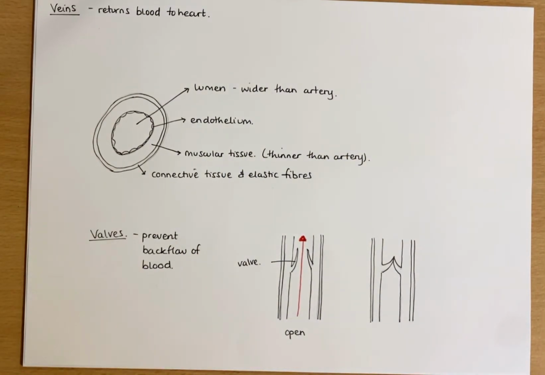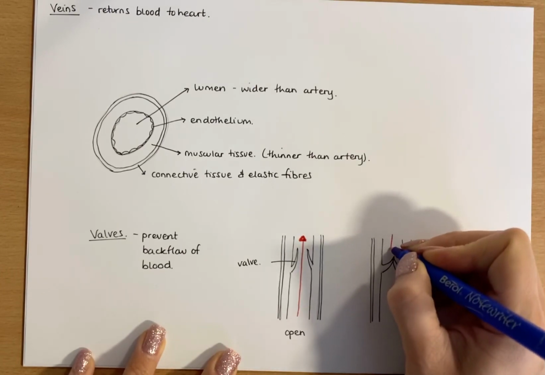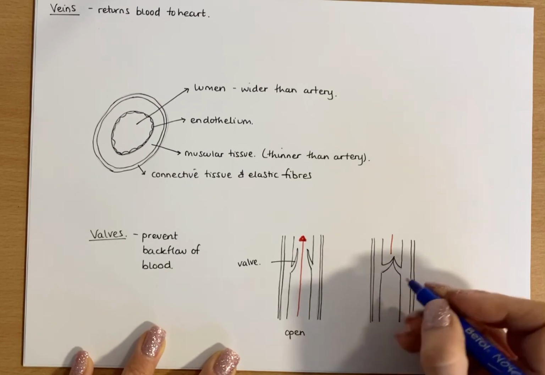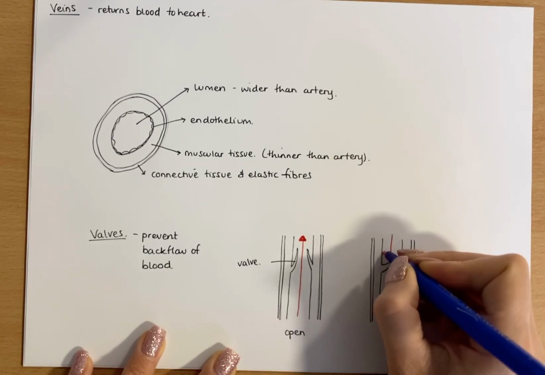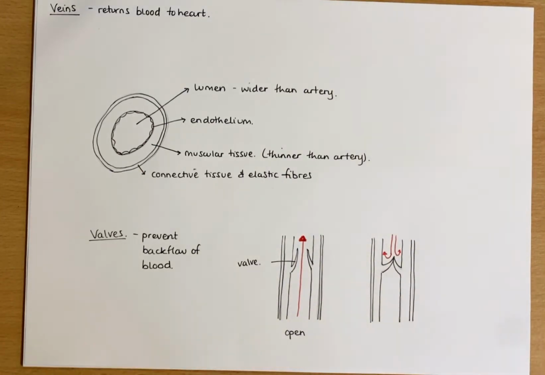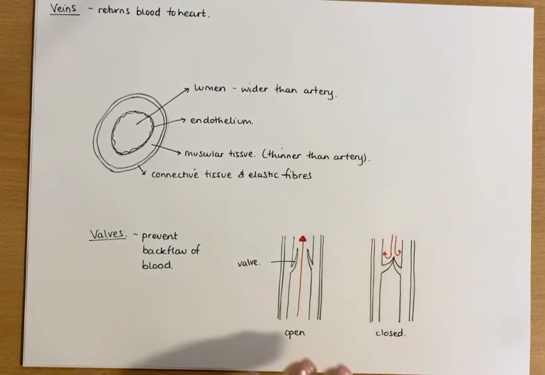Now, when that blood stops moving for whatever reason, maybe in between the beats of the heart, or it may be just the fact that it's not moving as much, that blood then tends to try and fall by gravity. And when it falls by gravity, it would flow backwards. So these valves then would slam shut and prevent that blood from flowing backwards. Okay, so that would be your valve in the closed position, which would stop blood flowing backwards.